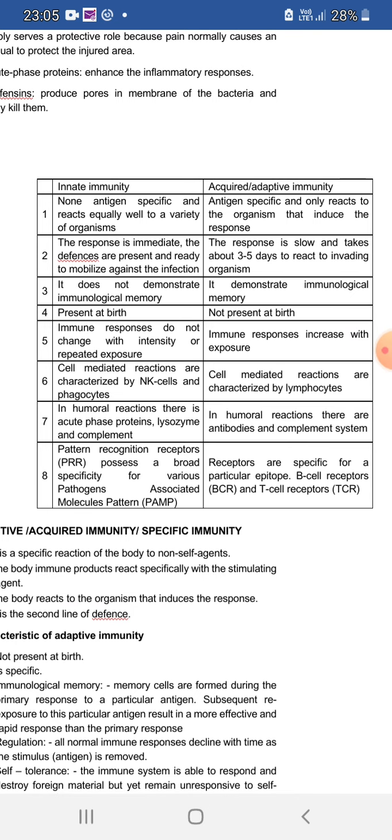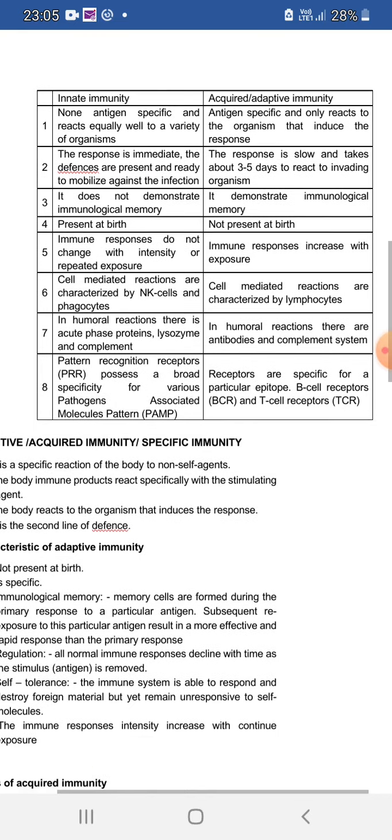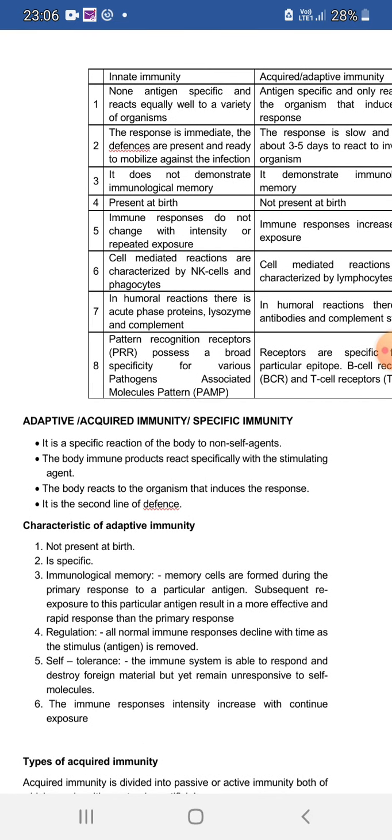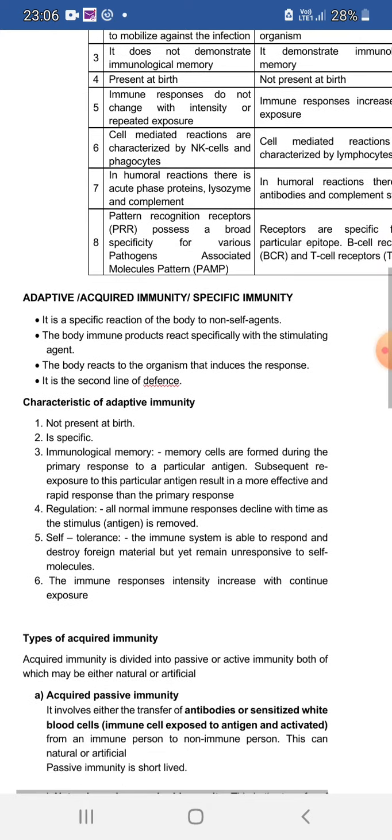But I think we can leave this and look at it later after looking at adaptive immunity. Let's go and look at adaptive immunity. You can come to the table later. That will make it much clearer. So let's look at adaptive or acquired immunity.